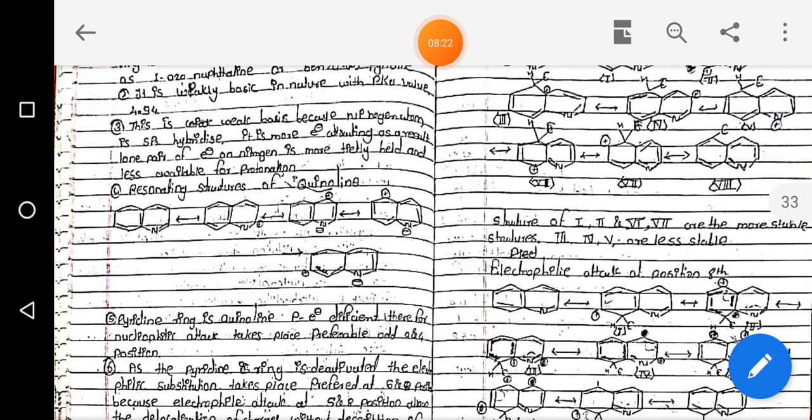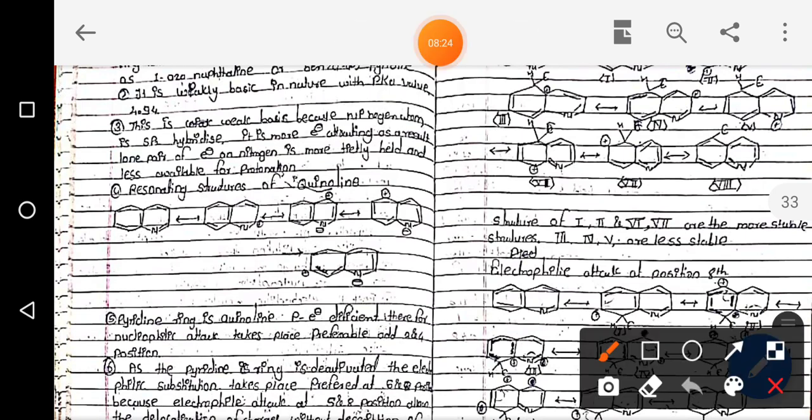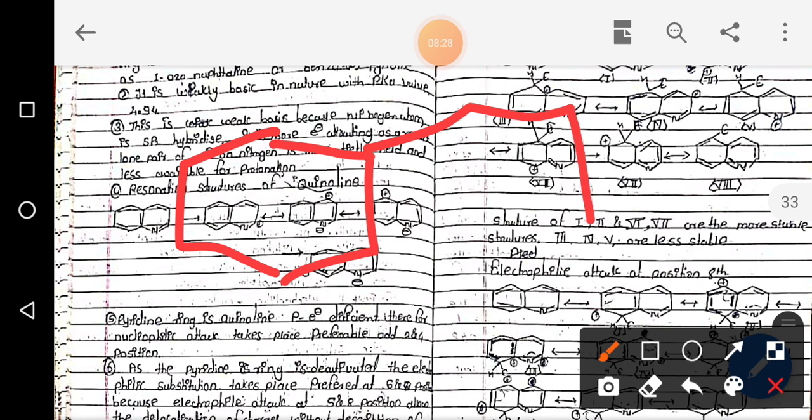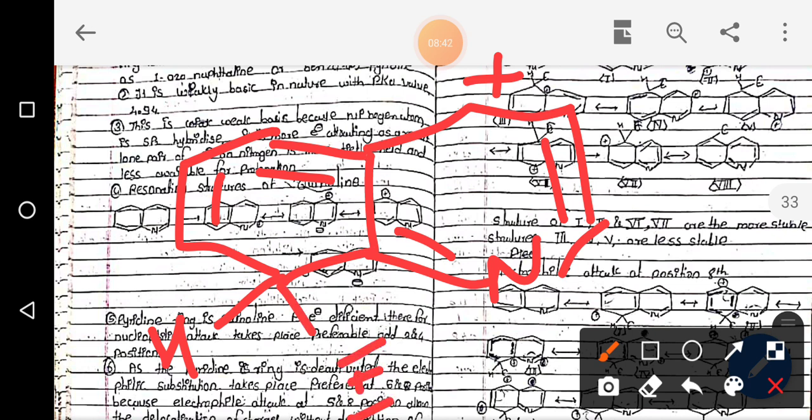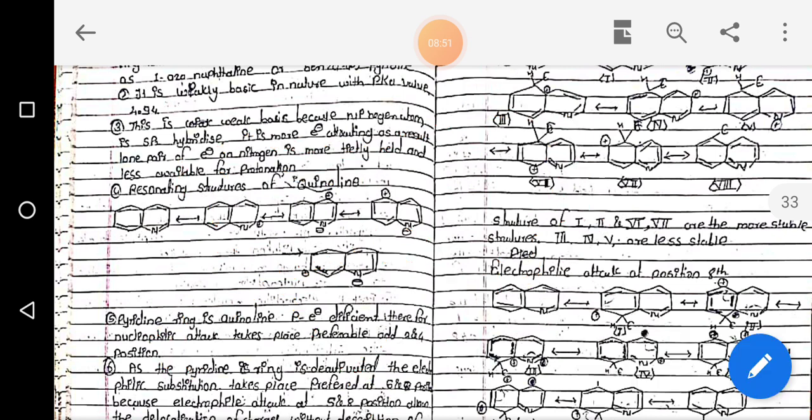In the next structure, the positive charge is here with a double bond, hydrogen, and electrophile. This is the next step.